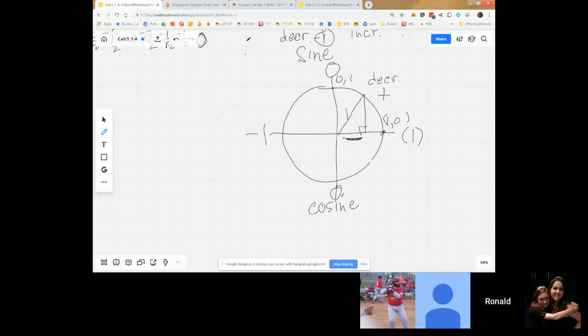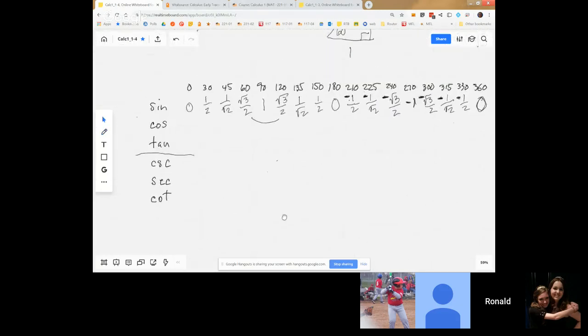From 0 to -1, it's negative, and it's decreasing. From -1 to 0, it's negative, and it's increasing. From -1 up to 0, and then from 0 to 1, it's positive, and of course, it's increasing. So we've got this situation going on. Keep that in mind.